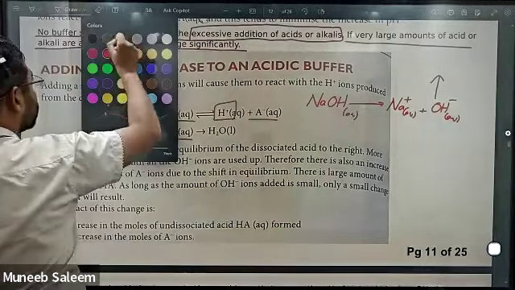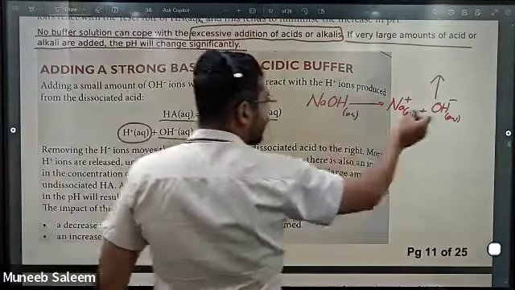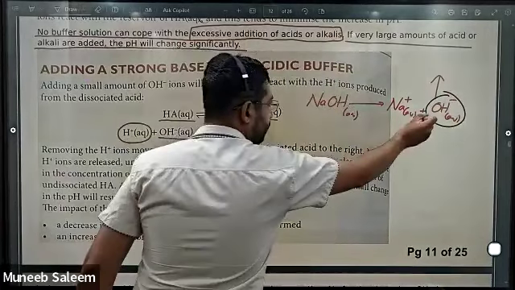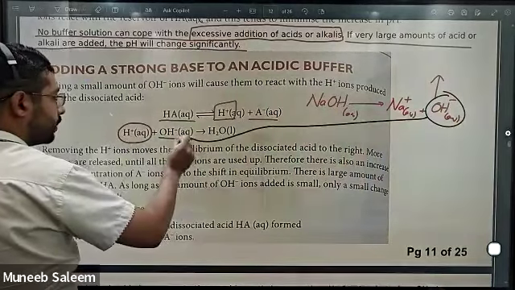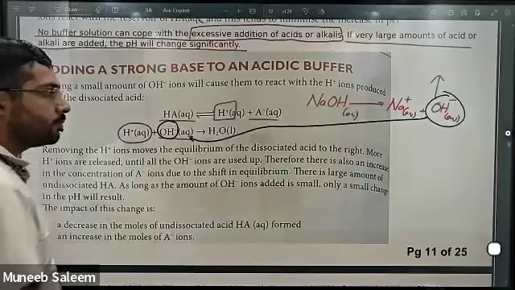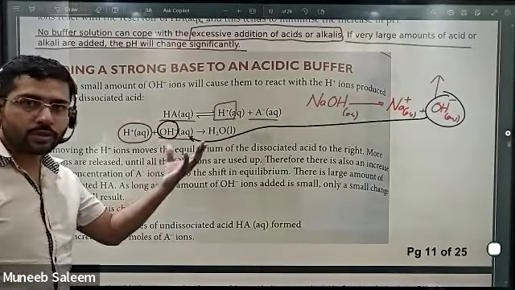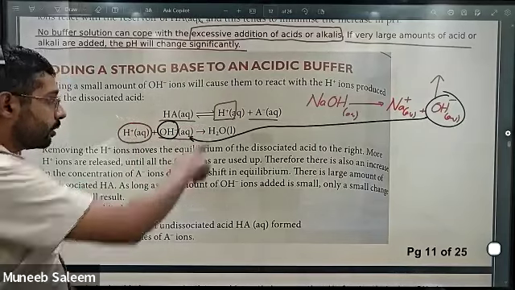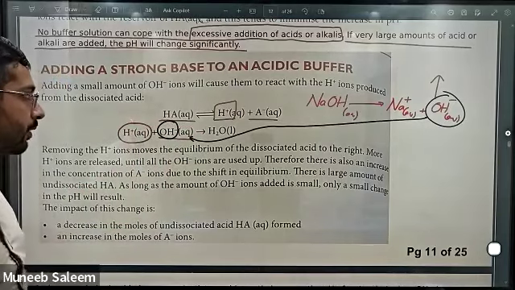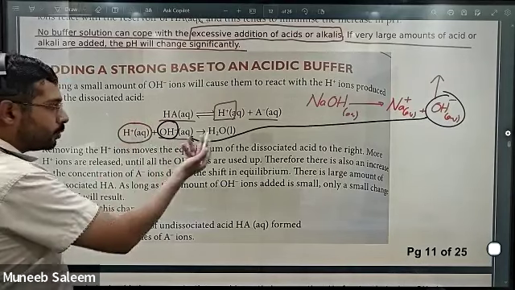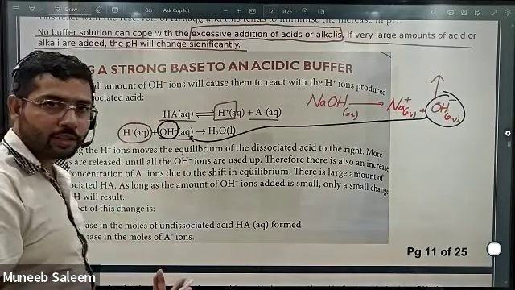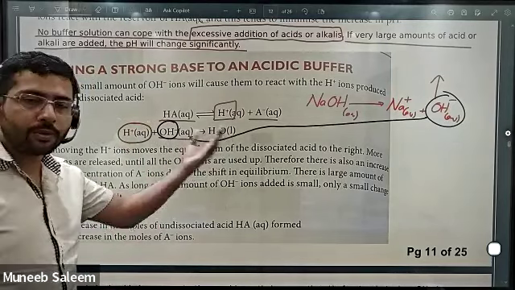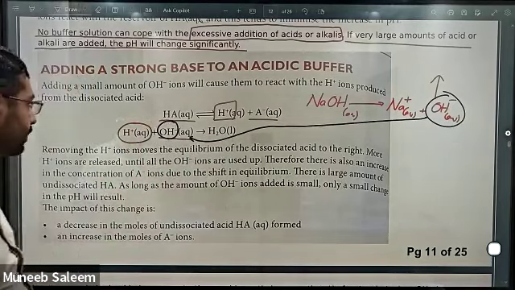So I will link this again: this OH negative ion is the same one mentioned over here. These hydroxide ions react with the hydrogen ions coming from the dissociation of the weak acid. As a result, it's simply a neutralization reaction in which water is formed between the two.